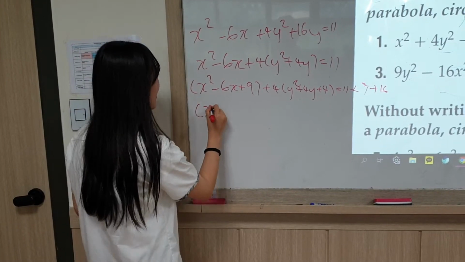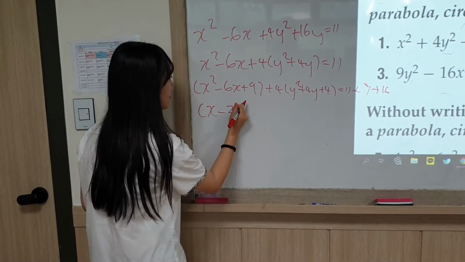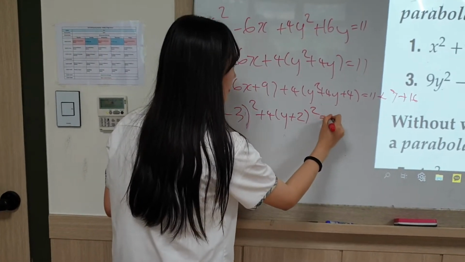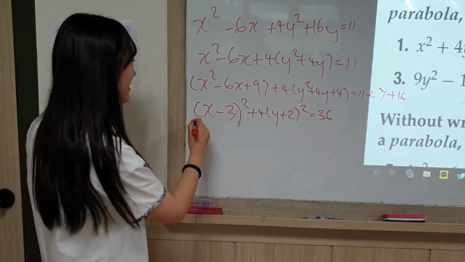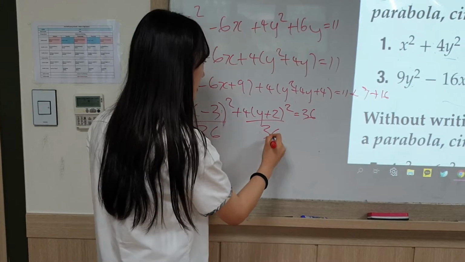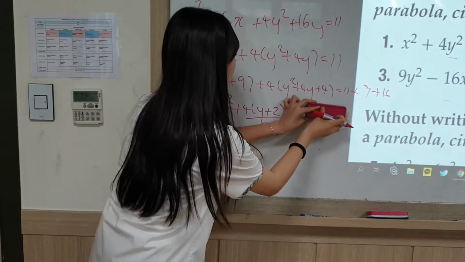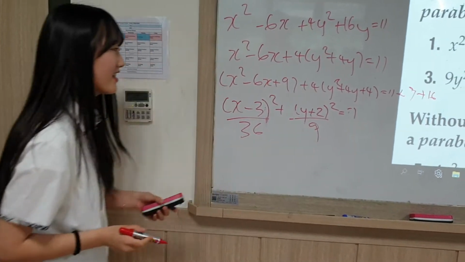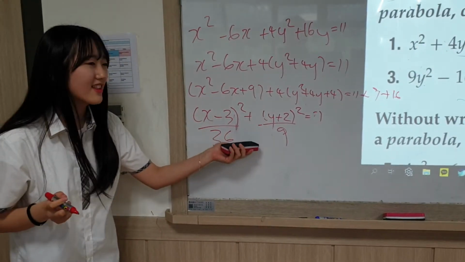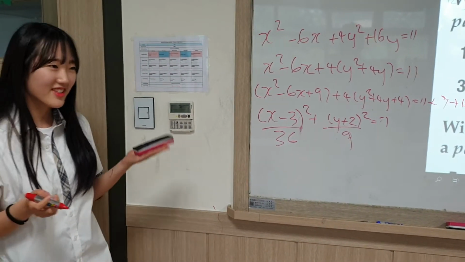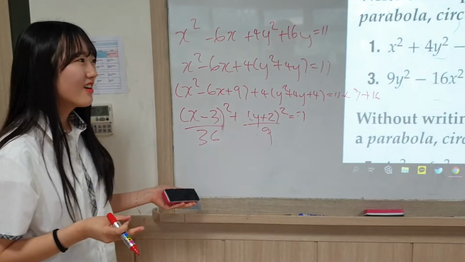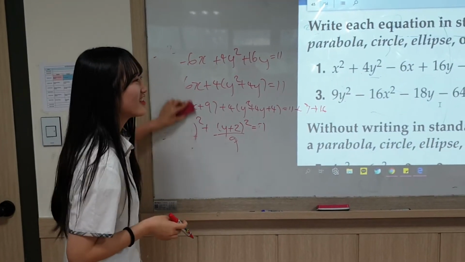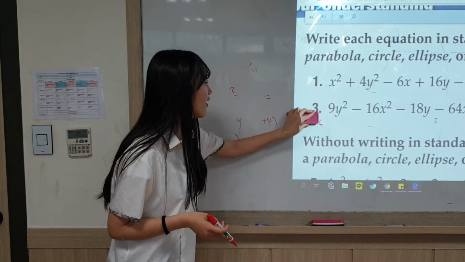And we can rewrite this as 36. We have something to divide. 36 divided by 36, and this becomes 1. And divide is going to be 9. And because it's a plus sign, it's an ellipse. Should I also have to draw a graph? No. Okay. Finish.